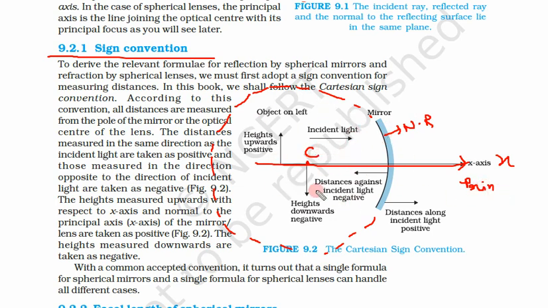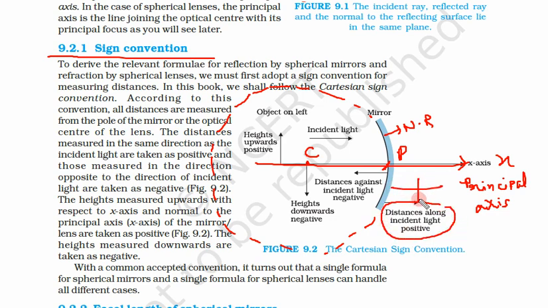So this axis is the principal axis because it passes through the pole. This is the pole. Now the distances towards the right side of this mirror are positive.